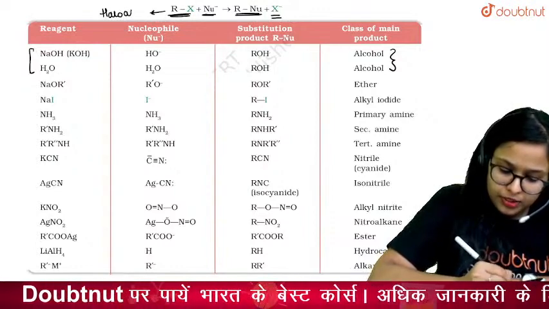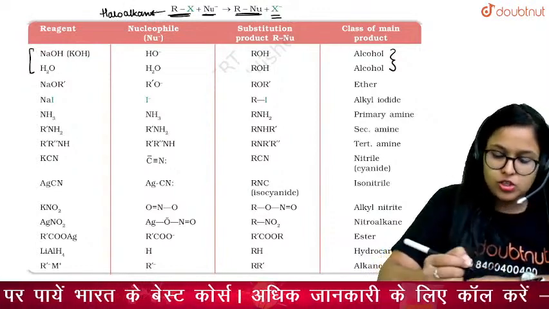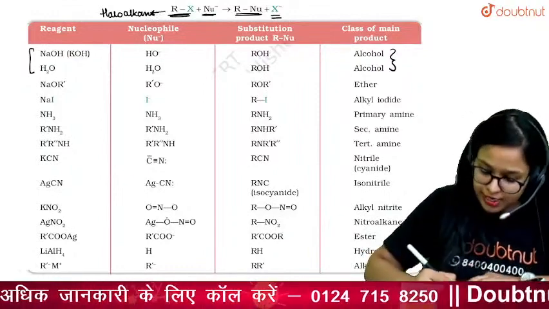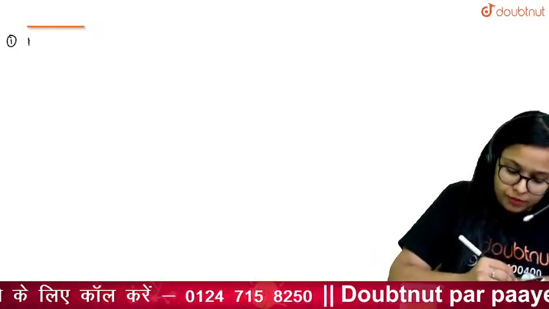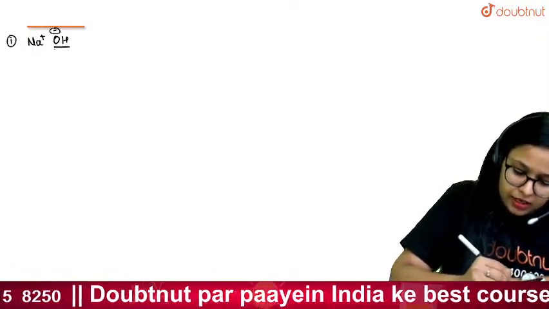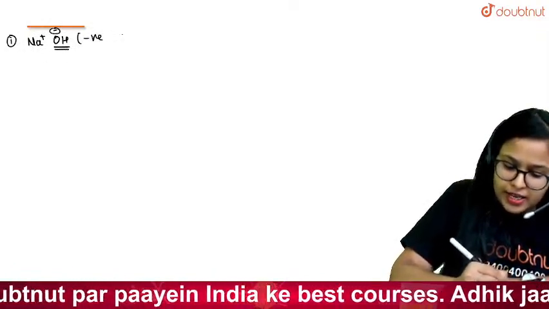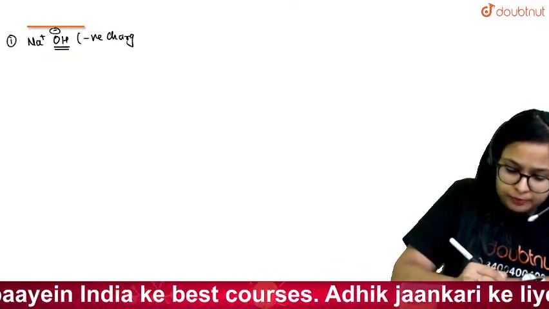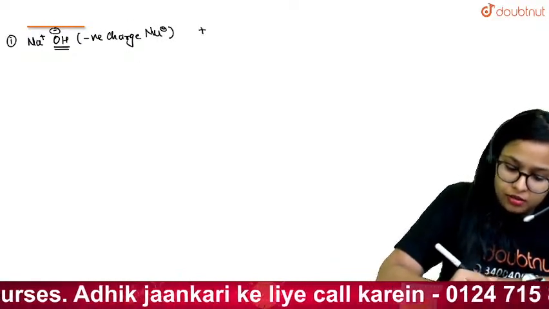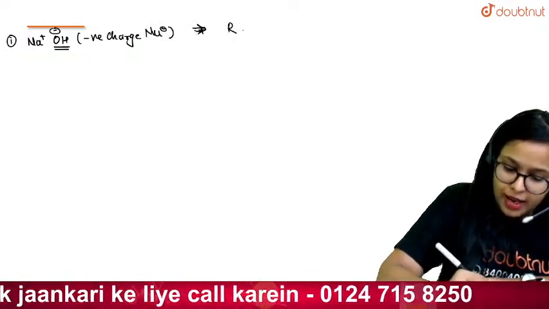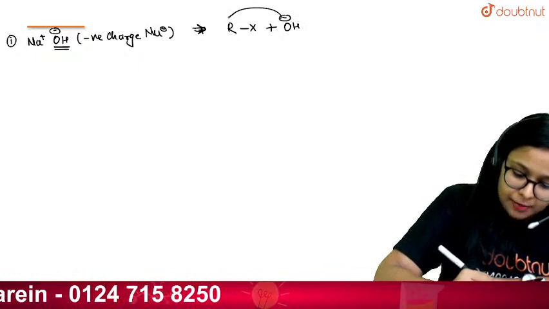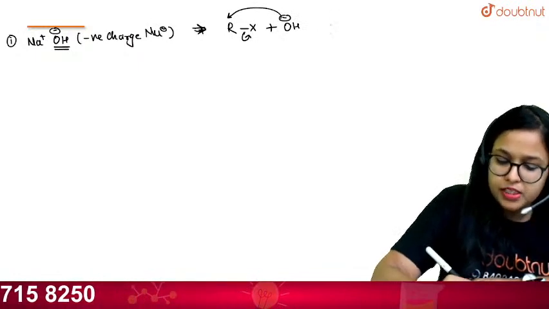RX is your haloalkane, and NaOH and water were used to prepare alcohols. NaOH is a source of OH minus ion. Here the nucleophile is a negatively charged nucleophile and it attracts to the substrate. The chemical reaction takes place in this manner. OH minus attacks delta positive carbon and removes X minus.